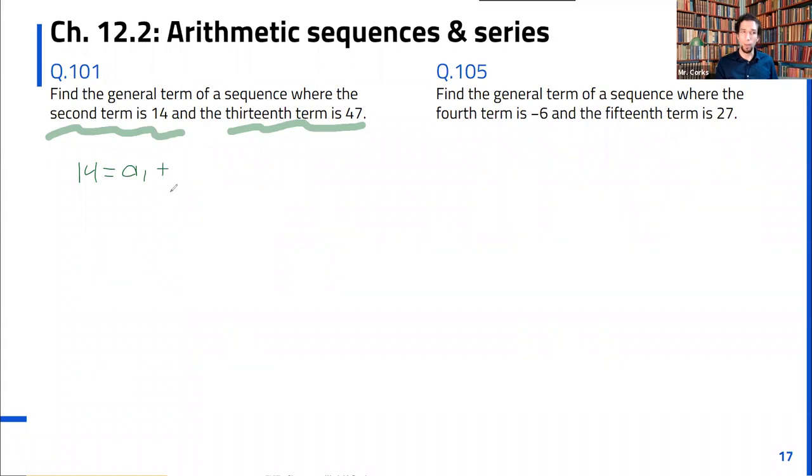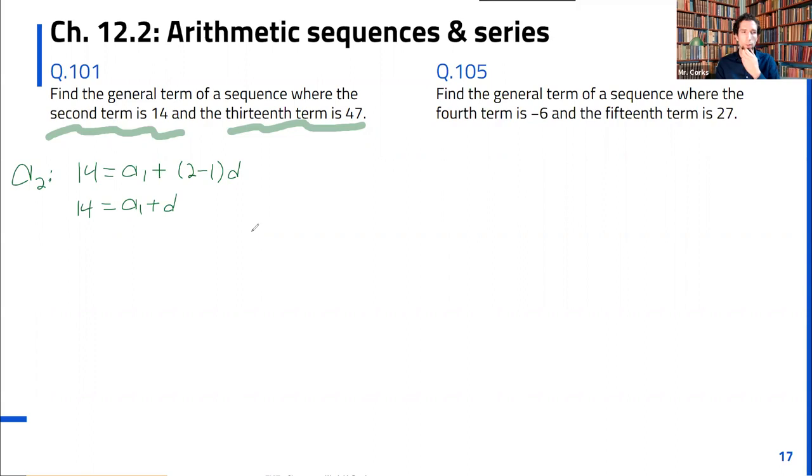So for A2, just using that same formula for the general term, 14 equals A1 plus 2 minus 1 times d, but of course, 2 minus 1, that's just 1. So A1 plus d.